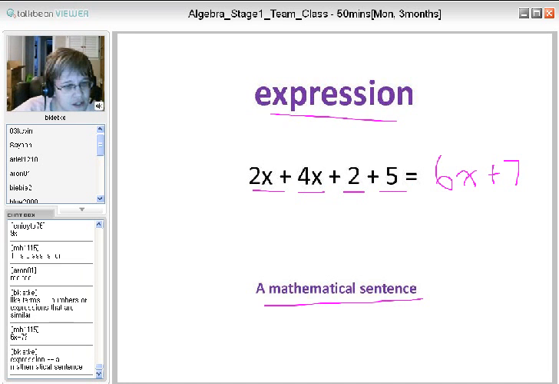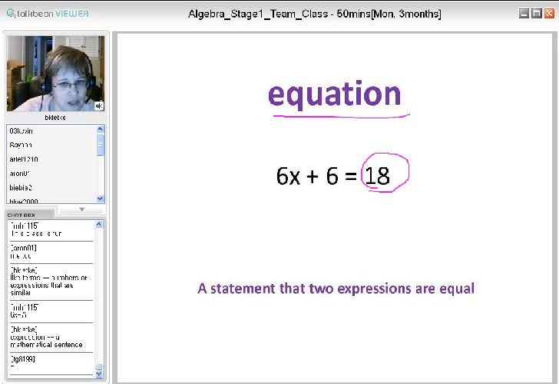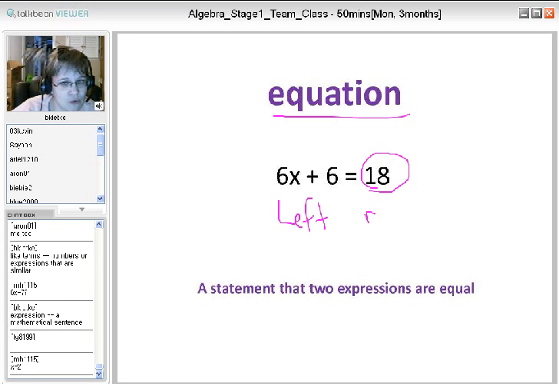Okay. The difference between an expression and an equation is an equation tells us what it equals to. It has two sides. We have a left side and we have a right side. That's right.